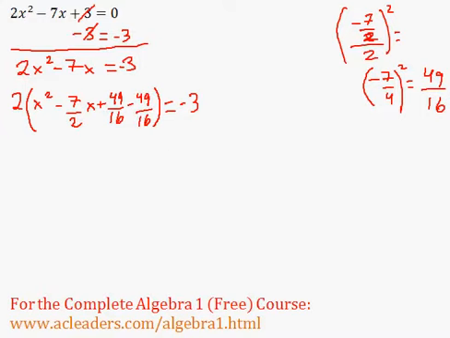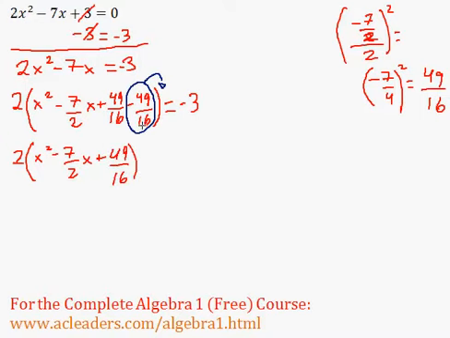Okay, so now all we need to do is take this guy out of here. And how can we do that? Well, we're going to need to multiply it by 2 first. So we have 2 in brackets x squared minus 7 over 2x plus 49 over 16.